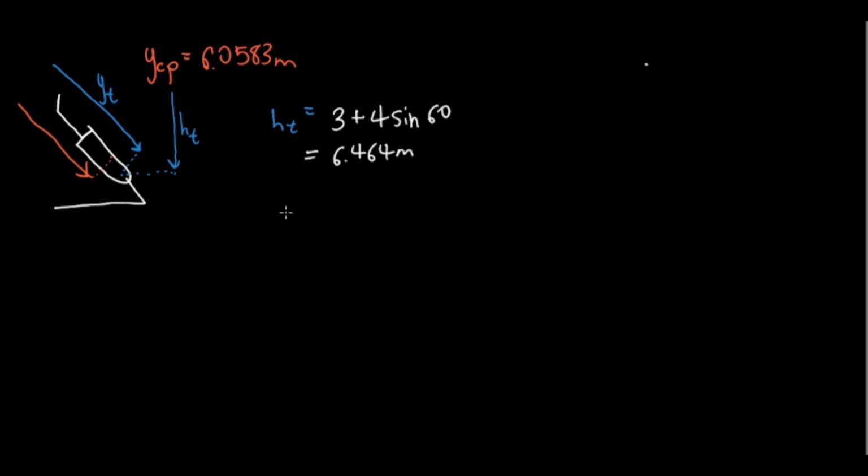And then, if we recall our other equation, yt is equal to h of t over sine theta. And we'll just plug that in and plug in our 60 degrees. And yt is equal to 7.464 meters.